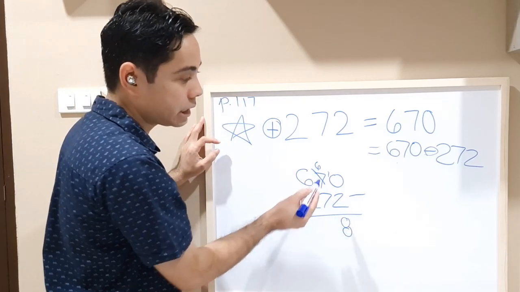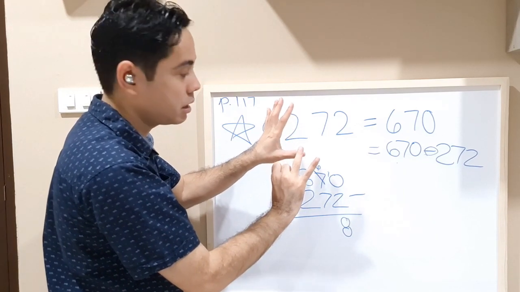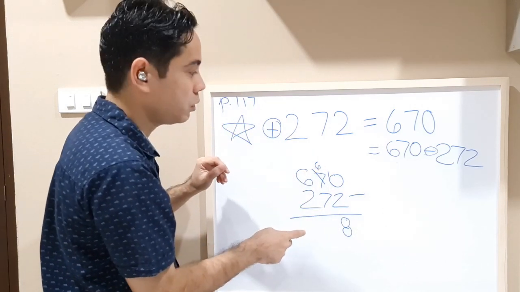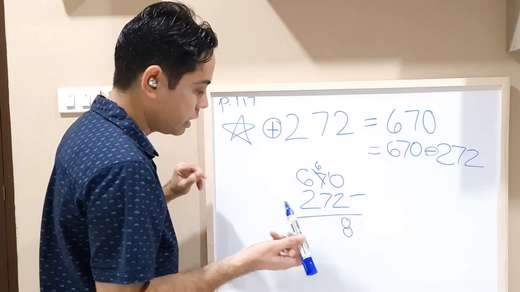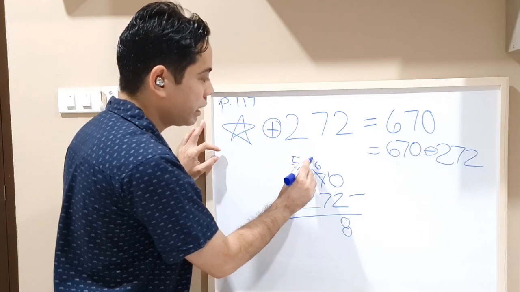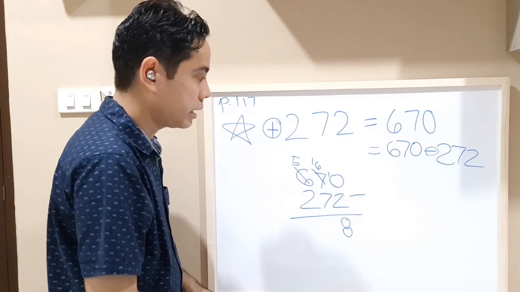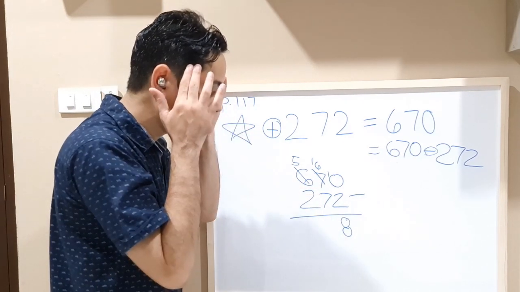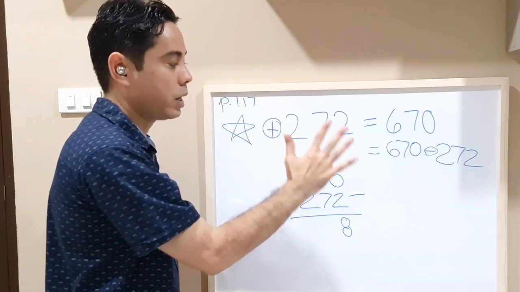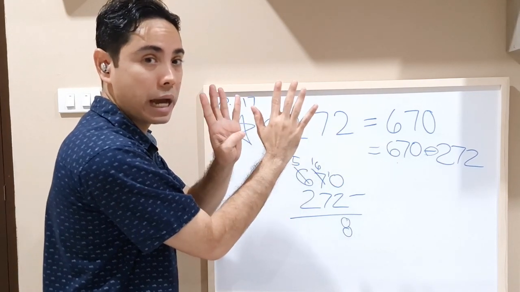Now 6 take away 7, cannot be. 6 is small number, 7 is big number. So we borrow again from our neighbor. 6 will become 5 and 6 here will become 16. Now we can subtract. 7 in your mind and then count. 7, 8, 9, 10, 11, 12, 13, 14, 15, 16. So I have 9.